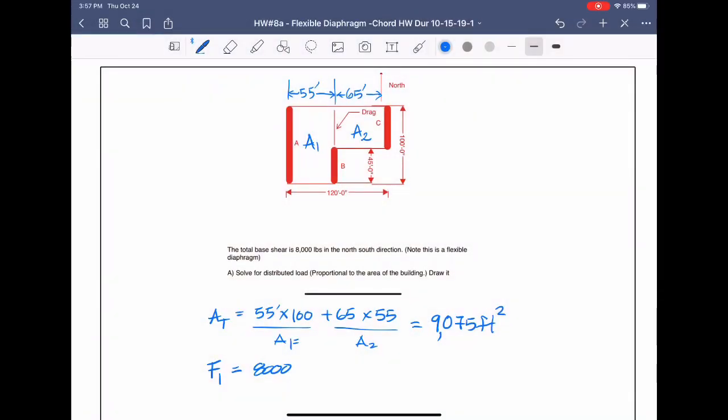So A1 is equal to 5,500 square feet, and A2 is equal to 3,575 square feet.